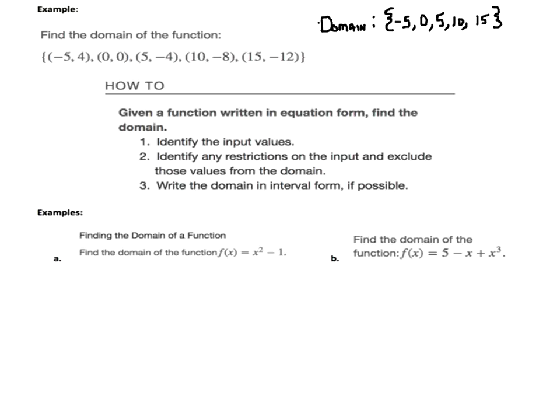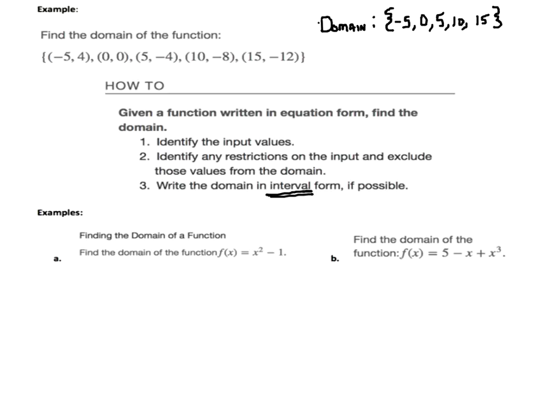The first thing we want to do is identify any potential input values for that function, and identify any restrictions that may be on the input. We don't want to include those in our domain. And then we write the domain in interval notation if possible.